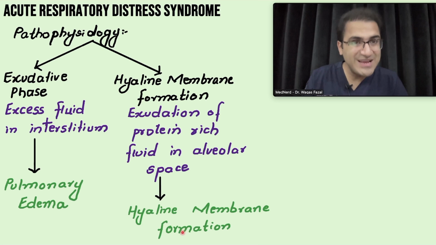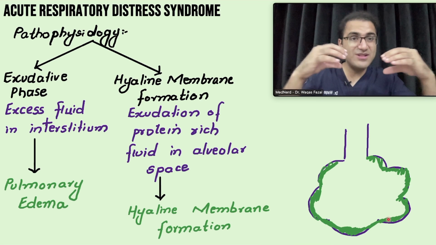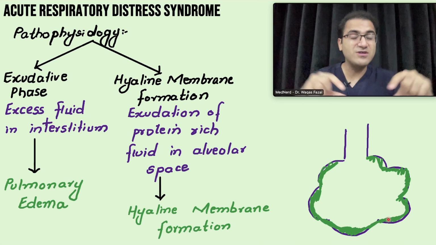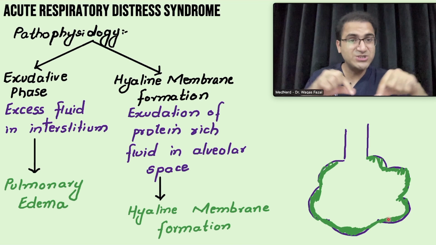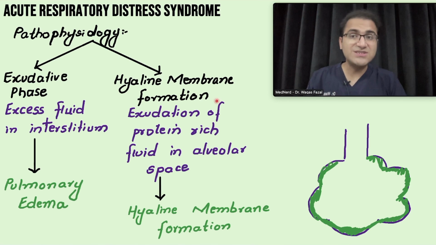That results in hyaline membrane formation. If this is an alveolus, look at the wall. The walls get thick because of all the inflammation going on in the wall due to the exudation of protein rich inflammatory cells into the alveolar wall. So this is how the exudative phase and hyaline membrane formation take place.